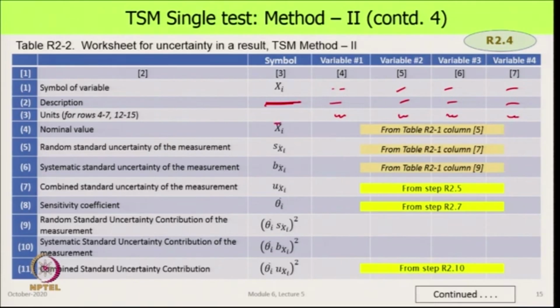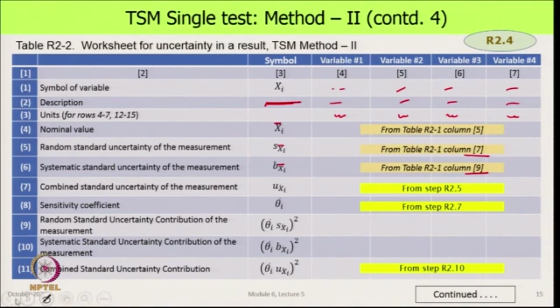Nominal value, we just copied from the first table, column 5. The random standard uncertainty of the measurement, SXI bar, we got it from the previous table, column 7. Systematic standard uncertainty of the measurement, we got it from the previous table, column 9. So, rows 1 to 6 got populated.